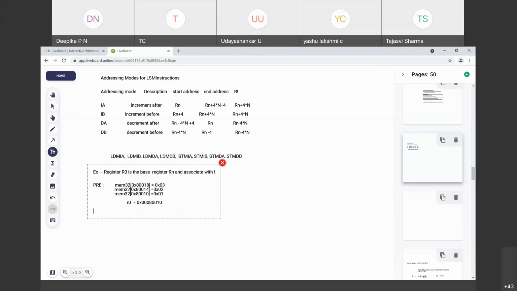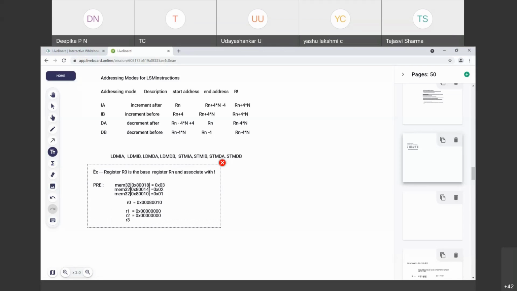And I'll take three more simple registers. Let's say R1 is 0x00000000, so all the contents are 0. Similarly, I'll take the register R2 and put all the contents as zeros. I'll take another register, R3.